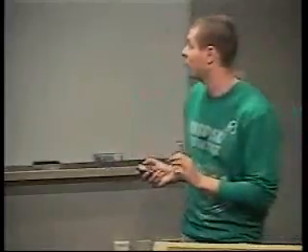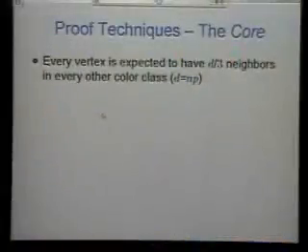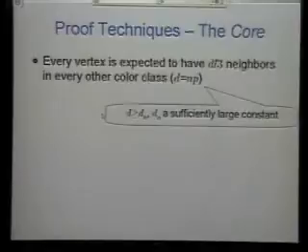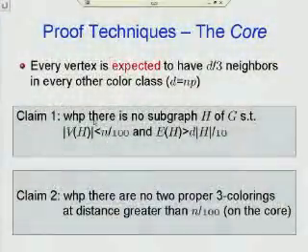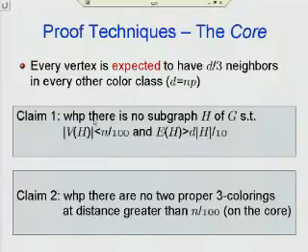Let's say that D is n times p. So every vertex is expected to have D over 3 neighbors in every other color class, and D is some sufficiently large constant. Now, let's say that you believe these two claims. What do they say?